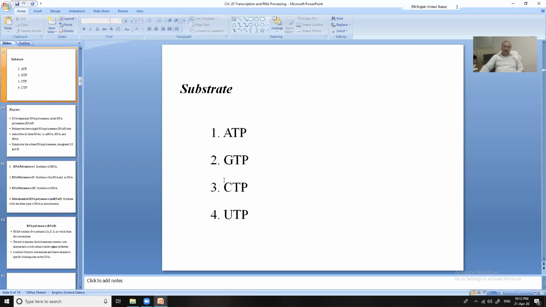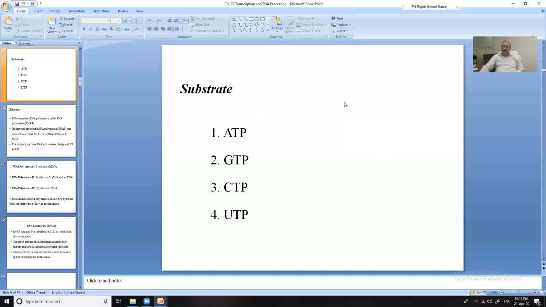ATP is adenosine triphosphate. What is there in this adenosine triphosphate? The ribose sugar is there and 3 phosphate molecules, and on one end of the ATP you will find an adenine molecule. So a complete nucleotide has a base, a ribose sugar and 3 phosphates. So it makes one nucleotide, that is ATP.